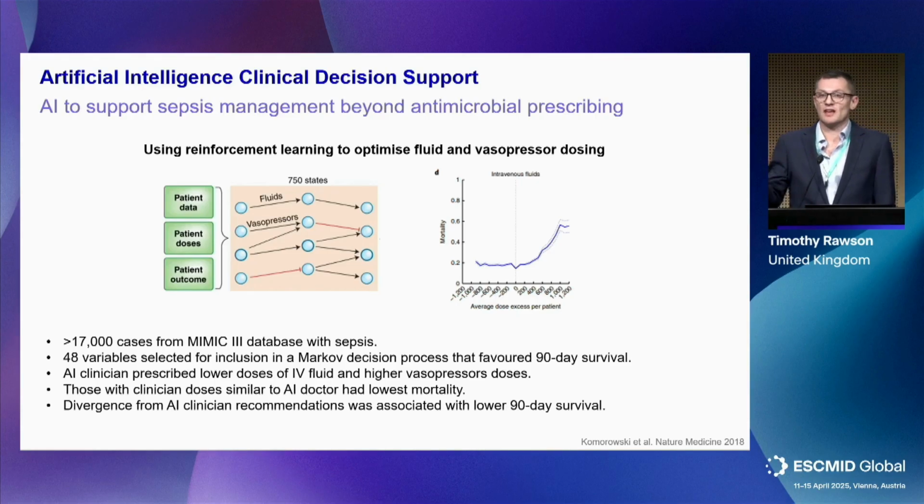And the interesting thing here was that the AI clinician, as they termed it, began to recommend lower doses of IV fluid versus higher doses of inotropes. And actually, when clinicians followed this in practice, it seemed to be associated with lower mortality. So I think it's important to highlight here that although we think about decision support from antibiotic prescribing and diagnostics, in these situations we can think much broader around optimizing empiric management as well.